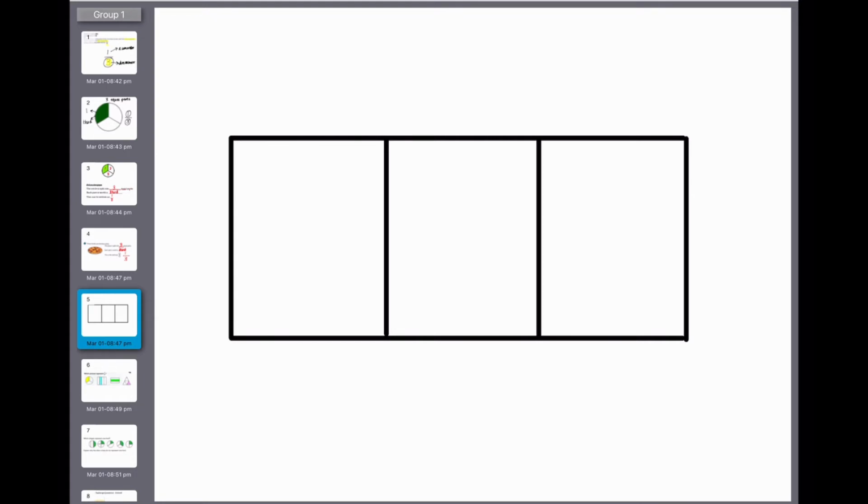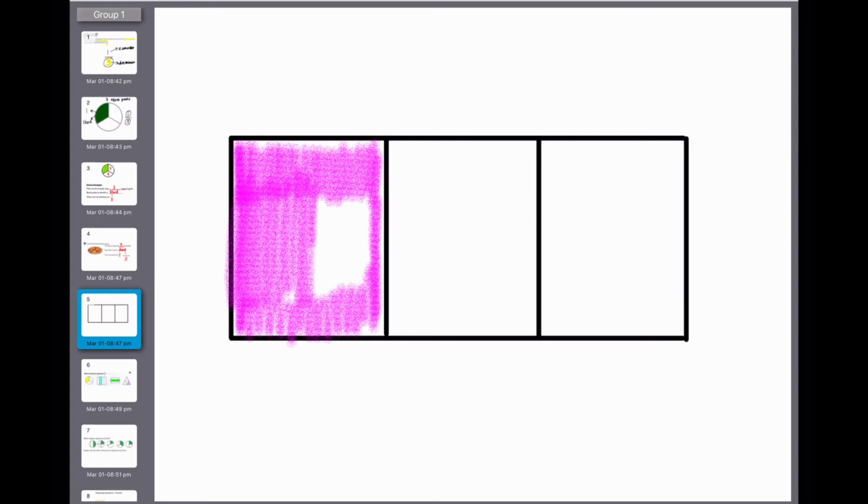Okay, welcome back. So I've asked you to shade in a third of my shape. So you could have shaded in your shape like this. That's a third. Or you could have shaded in this part of my shape.